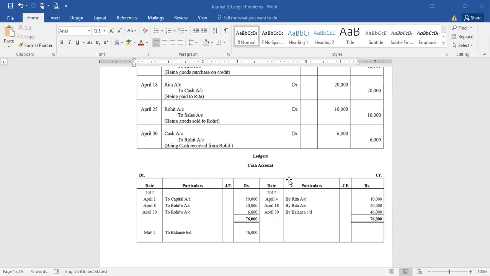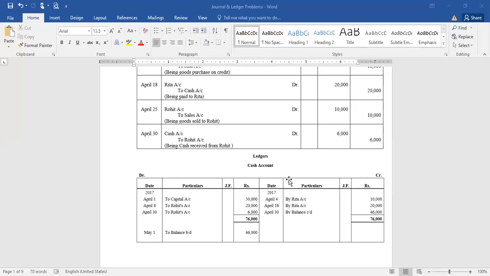While posting the ledger account, we have to keep in mind some of the aspects. First, a separate account should be opened for each account found in the journal. Then the name of the account should be written in bold letters at the top and in the center of each account.